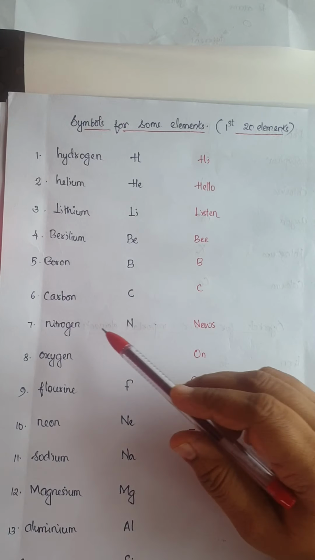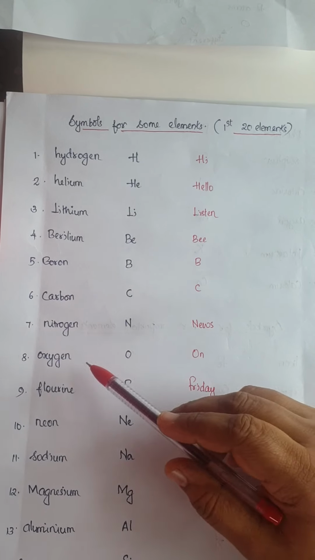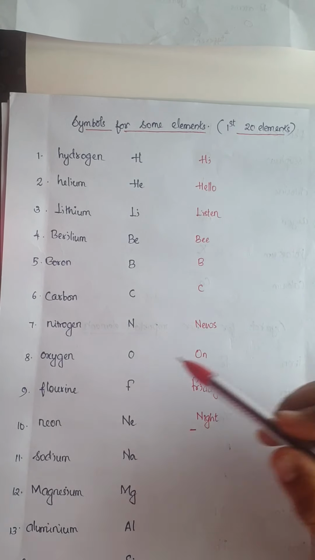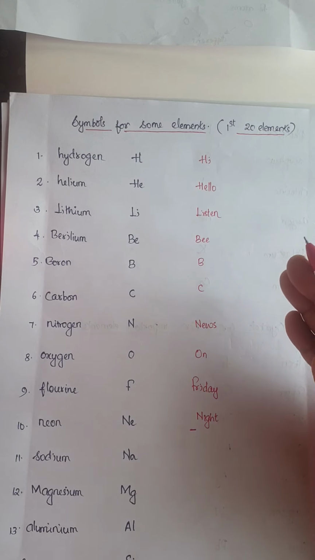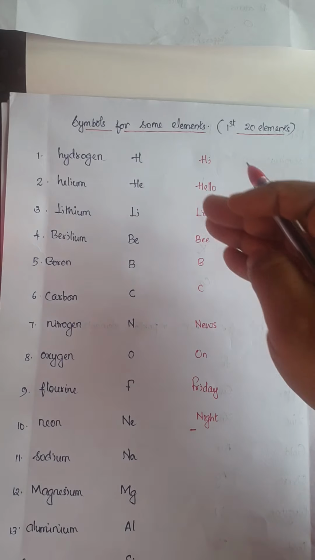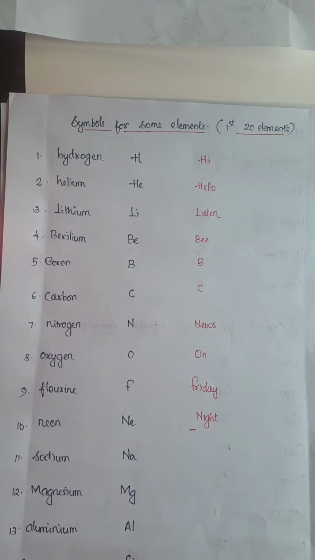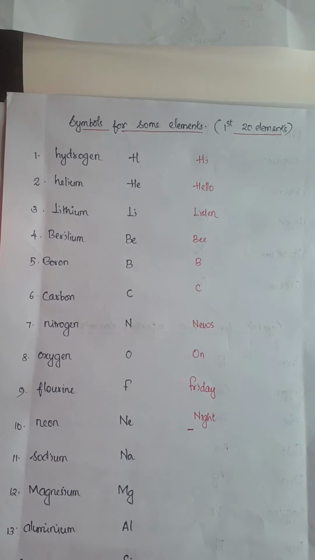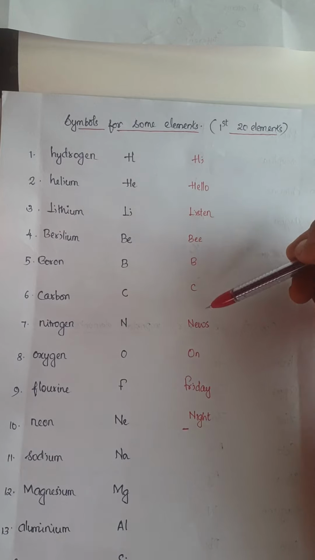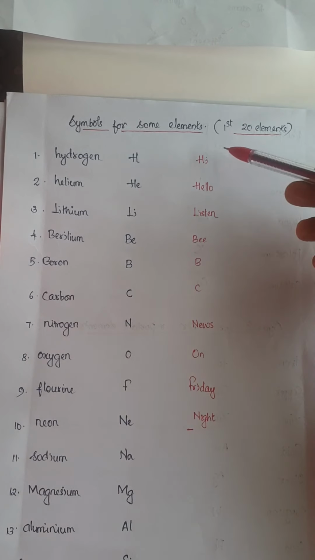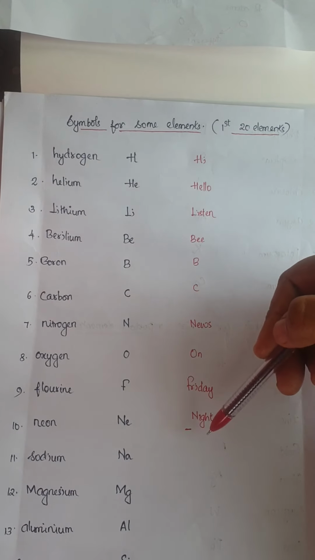And news, N for nitrogen, on for oxygen, Friday means fluorine, night, Ne. You should remember at least the names of 20 elements. You can use this code, hi, hello, listen BBC news on Friday night, to remember the first 10 elements.